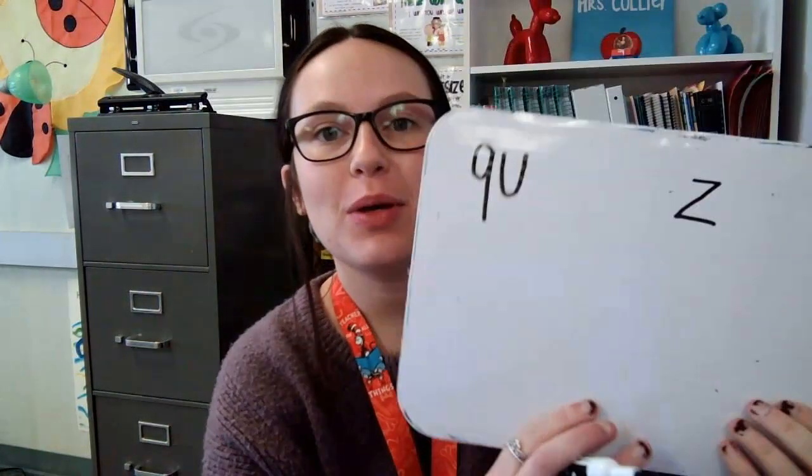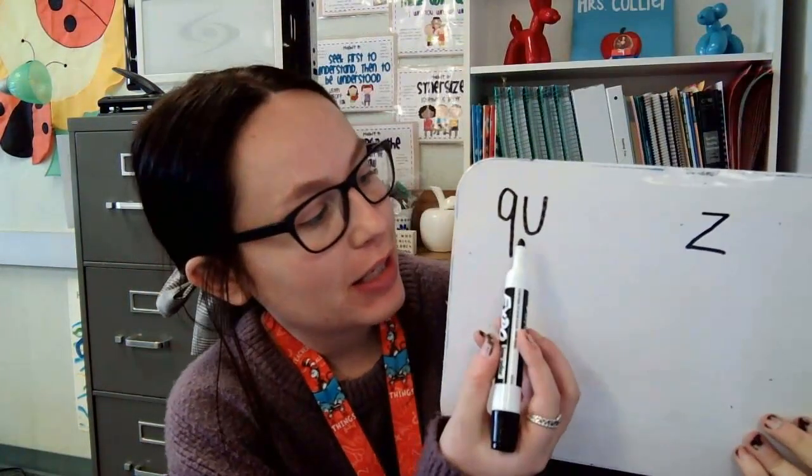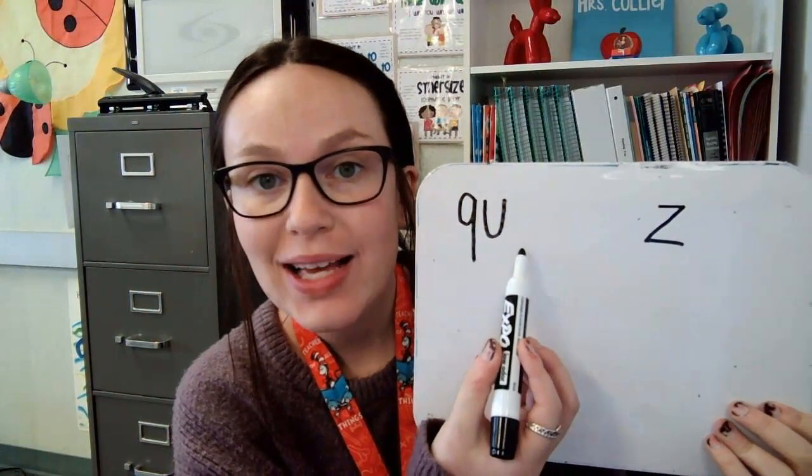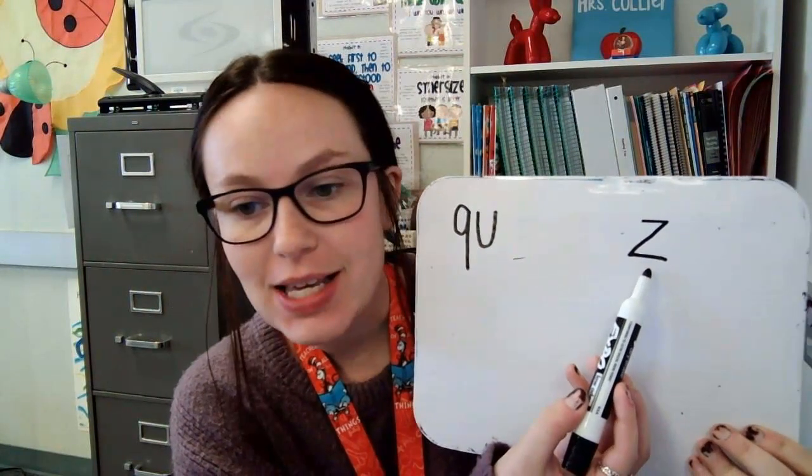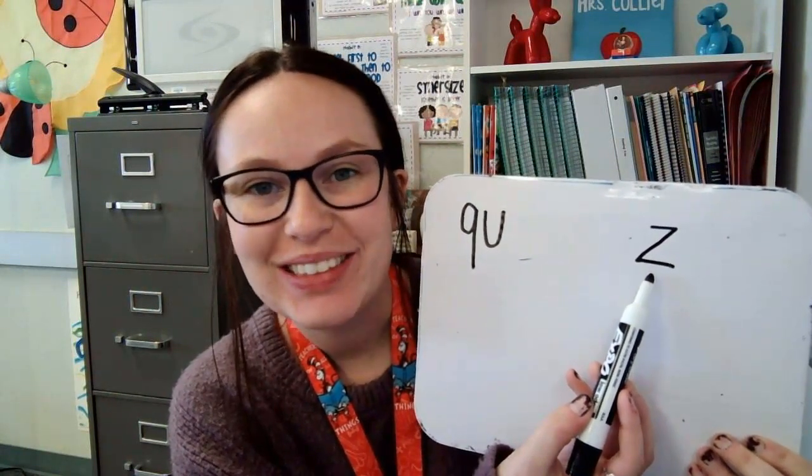For our phonics practice today, we are going to be working with 2 new sounds. So we've seen these sounds in our alpha friends, but today we are going to be working with words that have the Q-U qua sound and our Z sound. Let's get started.